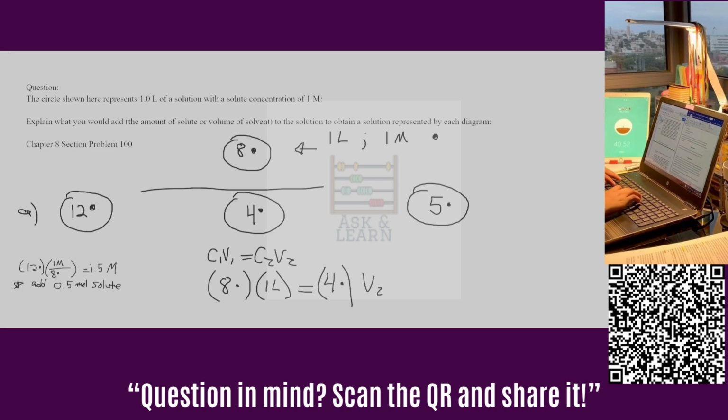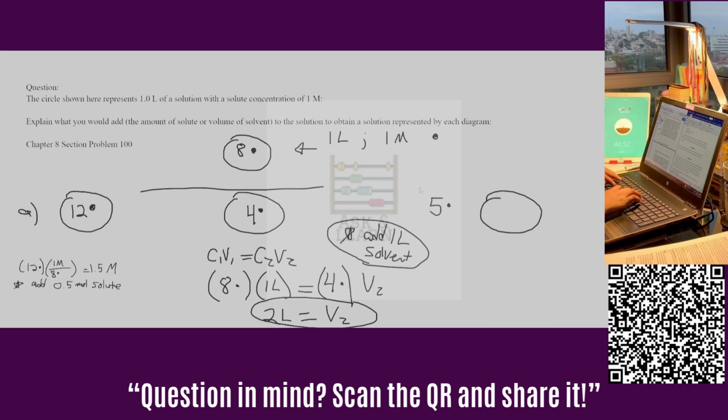So we need to go to a total volume of 2 liters. But what was the question? What you would add. So really, you need to add 1 liter of solvent. And you could have probably guessed that, but that's the math for it. Some of this stuff is pretty intuitive.